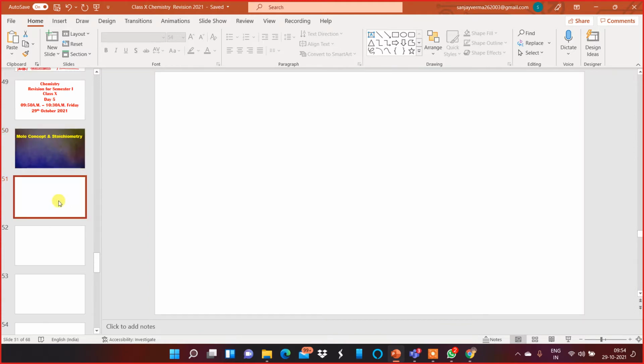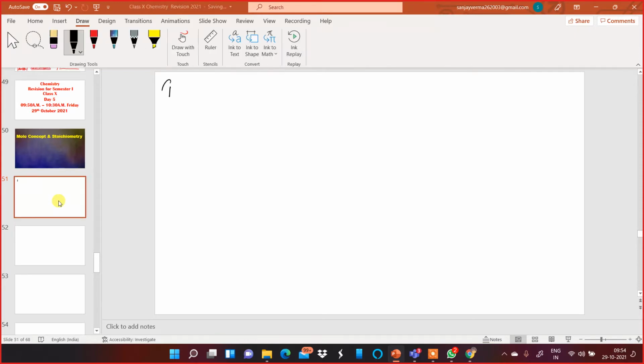But before writing down the questions, let me quickly revise some important formulas and notes from this chapter. Number one, Avogadro's number.